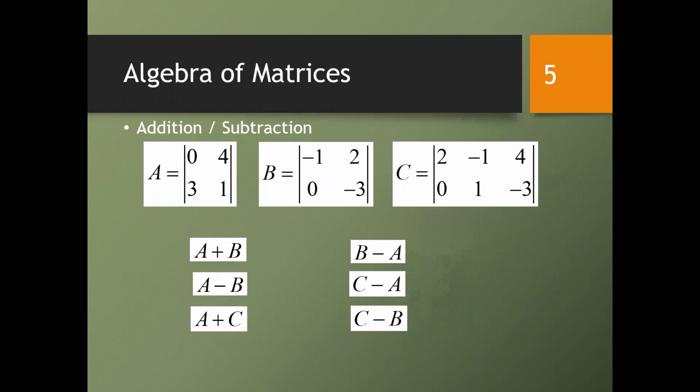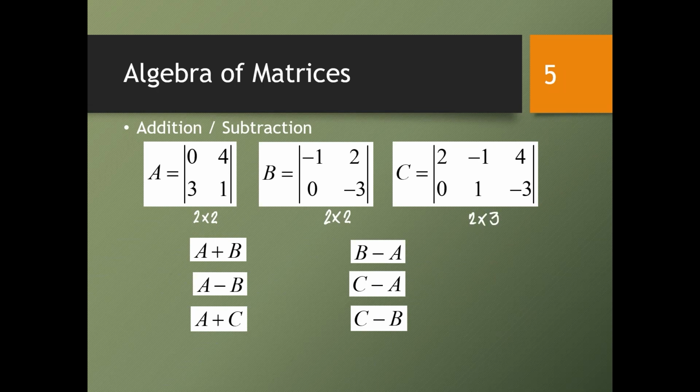So let's go to the algebra of matrices. We have, of course, the first is addition and subtraction of matrices. First question, A is a 2 by 2 matrix. B is also a 2 by 2 matrix. C is a 2 by 3 matrix.